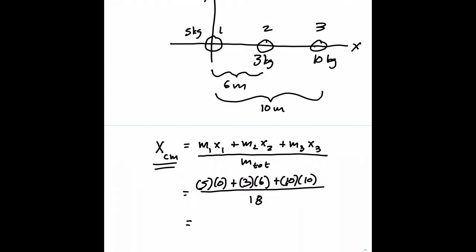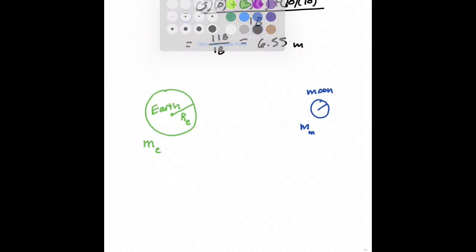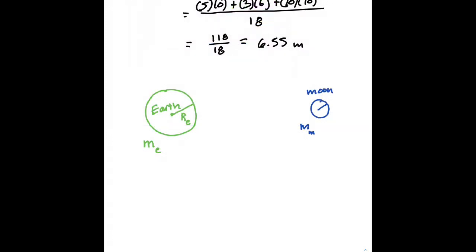So we get a total of 118 divided by 18, which gives us a value of 6.55 meters. So somewhere just barely to the right of the 3 kilogram object is the center of mass for this system. Let's do one more example regarding center of mass.